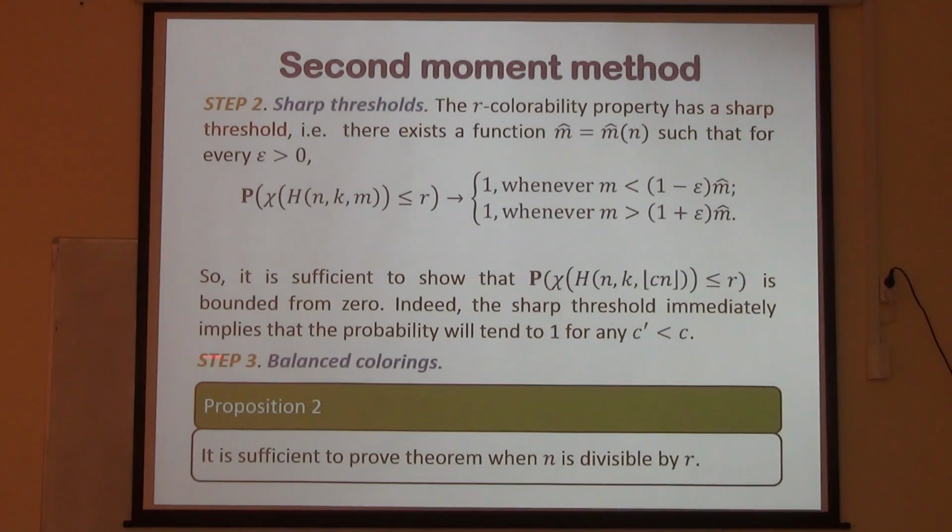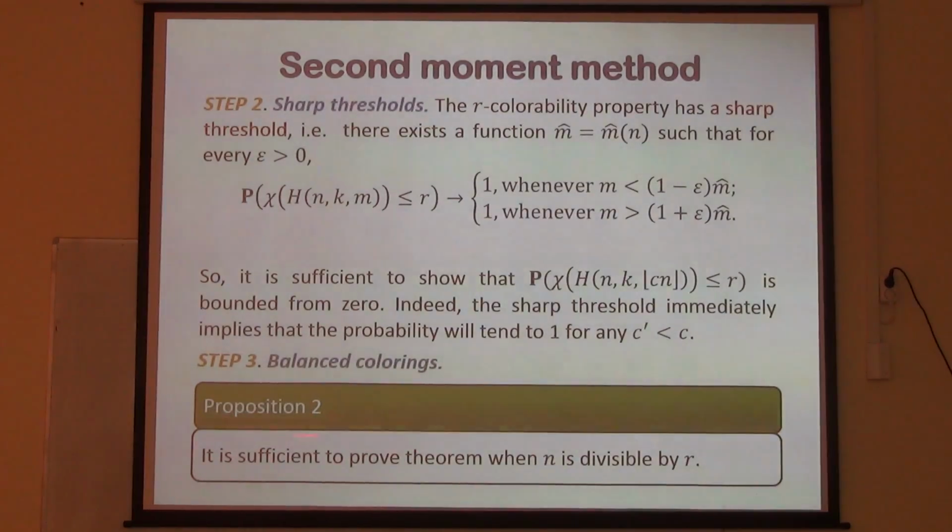And the third step is to consider balanced colorings. So what is a balanced coloring? A balanced coloring means that all the color classes have the same cardinality. So if you have n vertices and r colors, then every color class should have cardinality n over r.